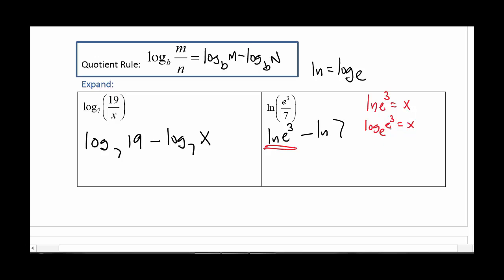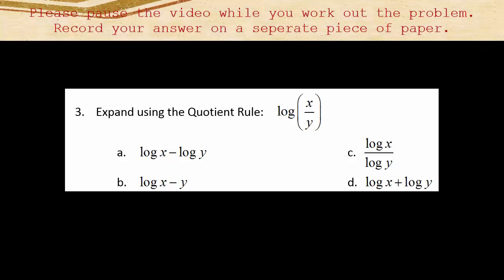And then if we rewrite that into exponent form, we get e to the x equals e cubed. So what is x? x has to be 3, right? So this ln of e cubed actually simplifies down to the number 3, so we get 3 minus ln of 7. And I would expect you to recognize that you can apply another property when we apply the quotient rule.